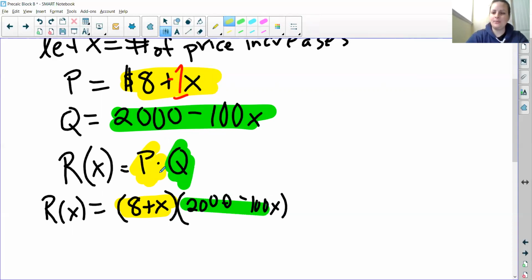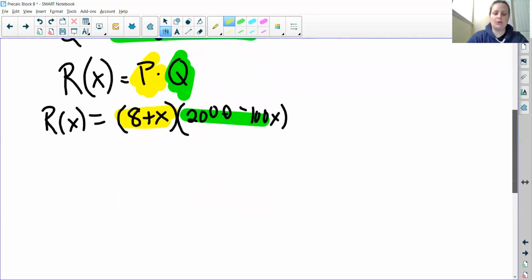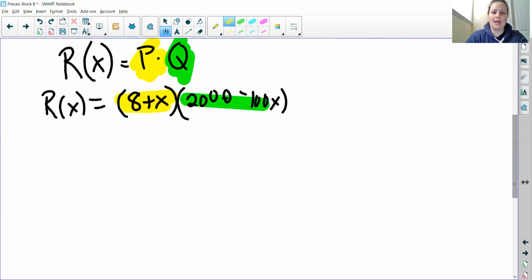All right. So now that we've substituted these equations in for P and Q, we now have a binomial multiplying by a binomial, which means we can expand and we can simplify. Okay, so we're going to do 8 times 2,000, which is 16,000.